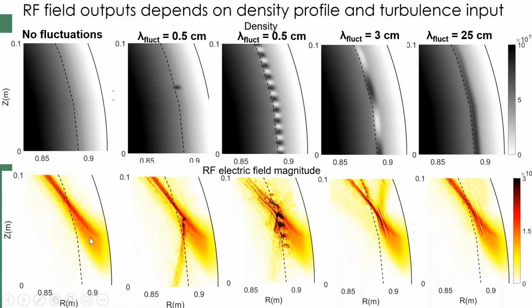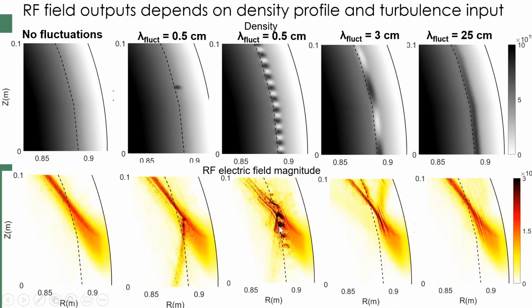On the bottom left is a very smooth looking electric field pattern. However, when you start adding fluctuations, you get strange scattering events. You get events where you seem to see cavity modes, and then you get backscattering events, or you can also get events where the fluctuations don't seem to affect the plasma very much. So this is telling you how important this input is to the model.